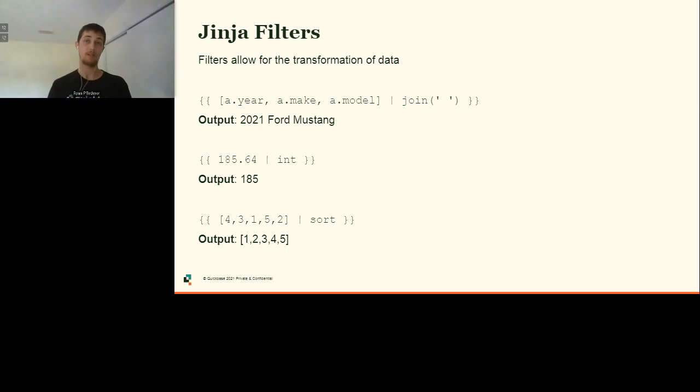We're saying, you know what, we want this to be returned as an integer, so just a whole number. And we've got that. And then down below, I want to sort this array of data in alphanumeric order. And so we've got that.